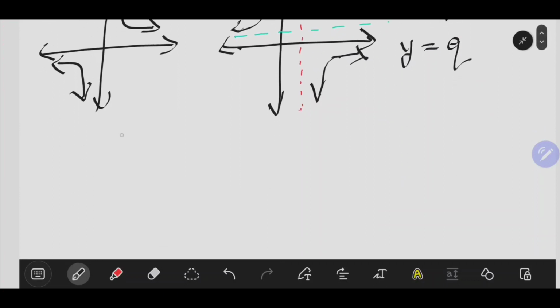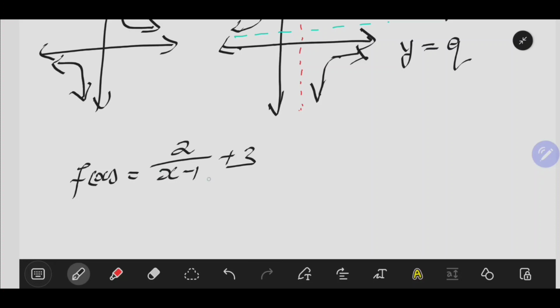For an example, if you are having an equation like this, f of x is equals to 2 over x minus 1 plus 3. Then they want you to write down the equations of the asymptotes.